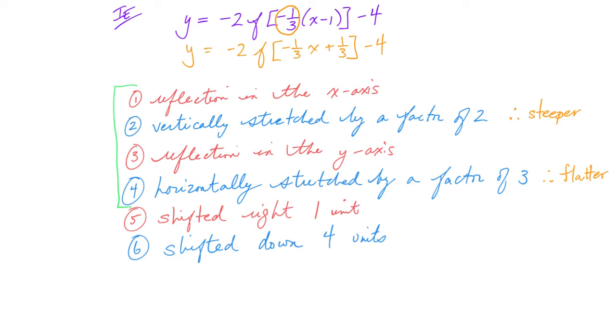So what happens if you are given the orange equation? You would then have to factor out that stretch factor value from everything on the inside of the function. So can you picture factoring out the negative 1/3 inside your bracket and being left with an x minus 1?